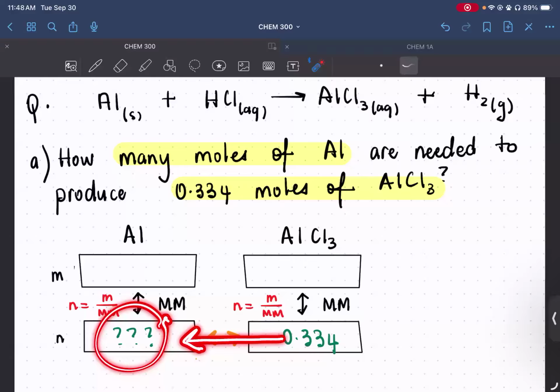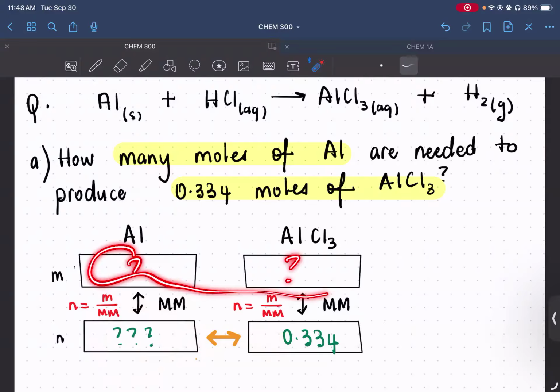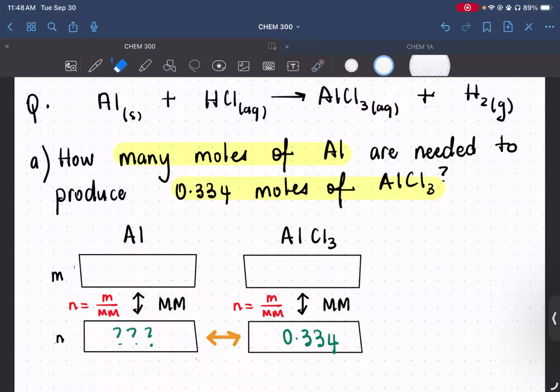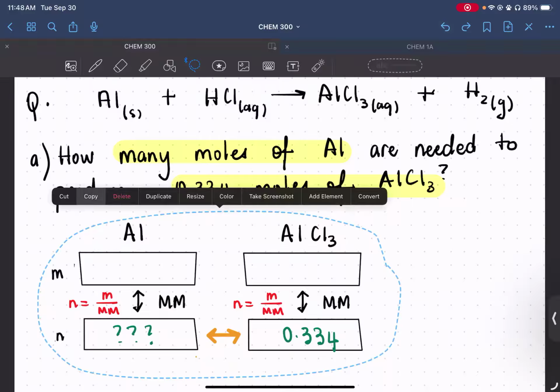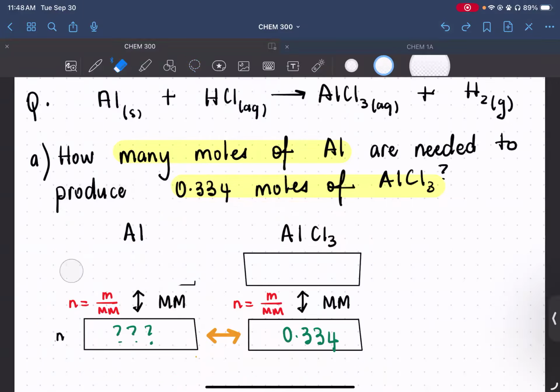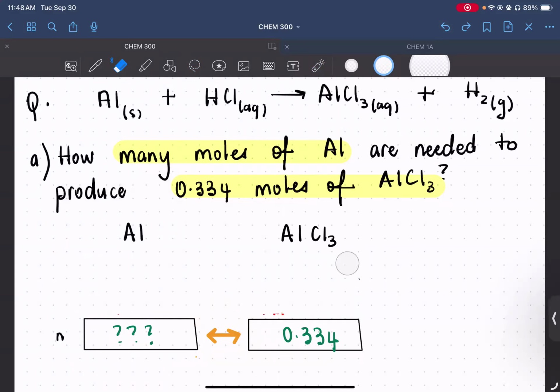That's what the roadmap tells us. In other words, the mass is not needed. It's just not part of the map. So to make it simpler on us, we're going to erase that top half. You can leave it in your notes, of course. I just want to make this a little less congested.